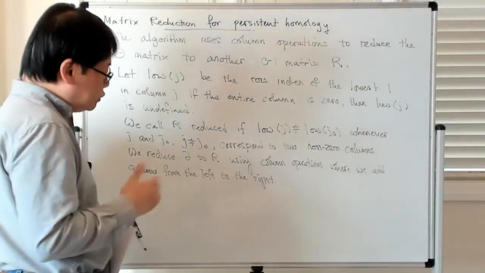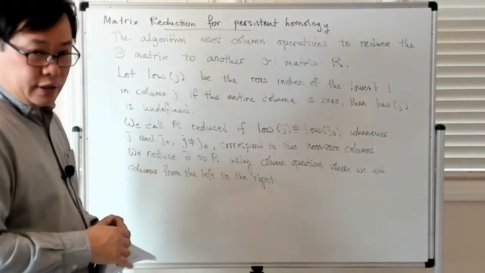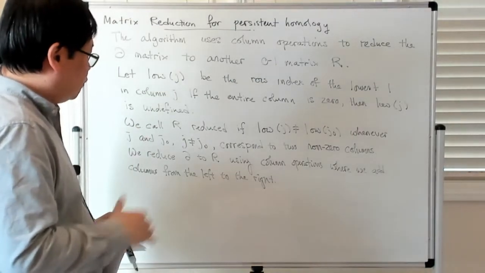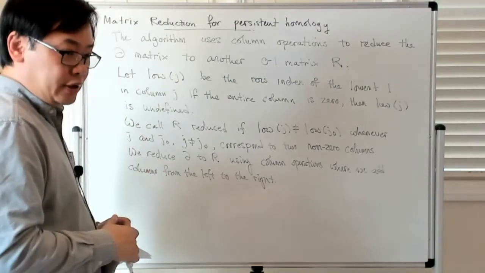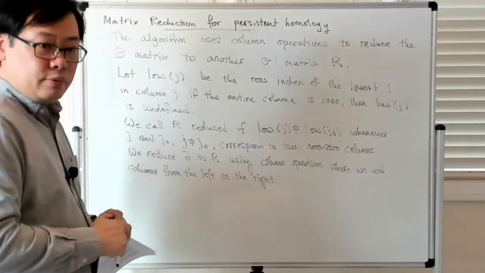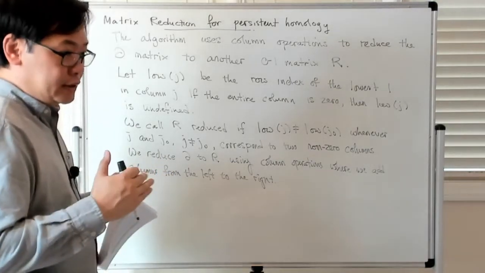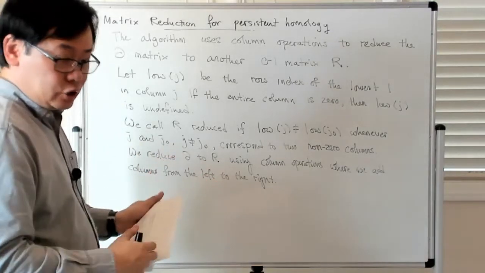A consequence of this second property is that when you write down this boundary matrix with respect to a compatible ordering, that boundary matrix is going to be upper triangular.